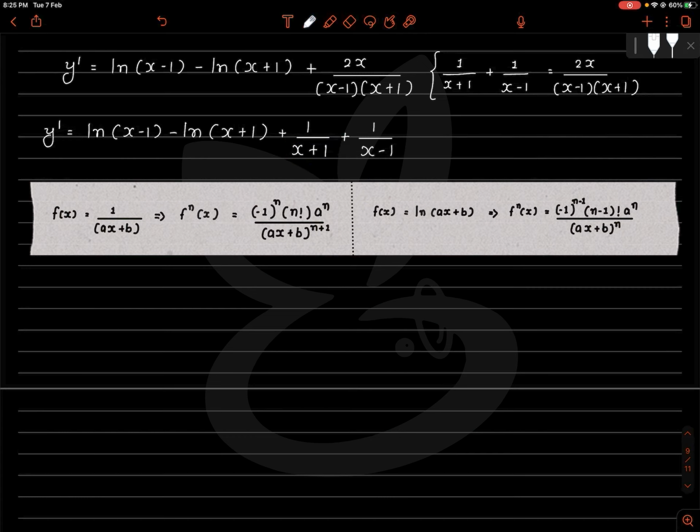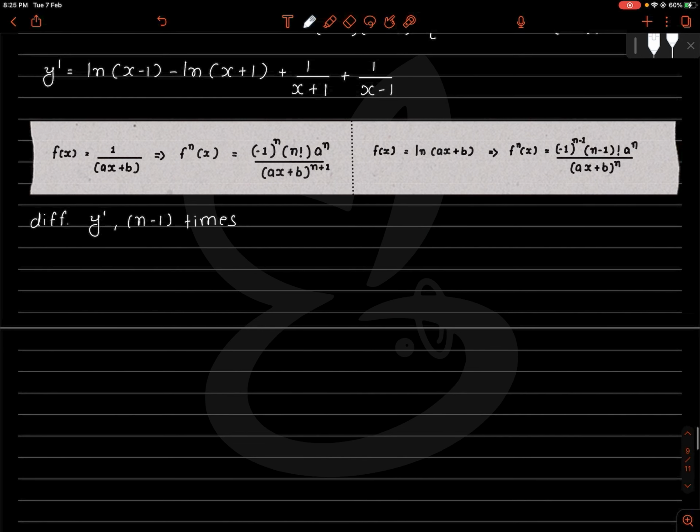Now we have already differentiated y once, so we will differentiate y dash n minus 1 times, so that we will find the nth derivative of y. So we will get the nth derivative yn is equal to, first these two terms we will write like this.